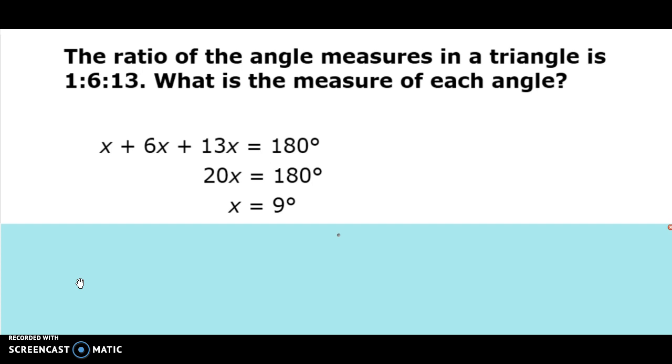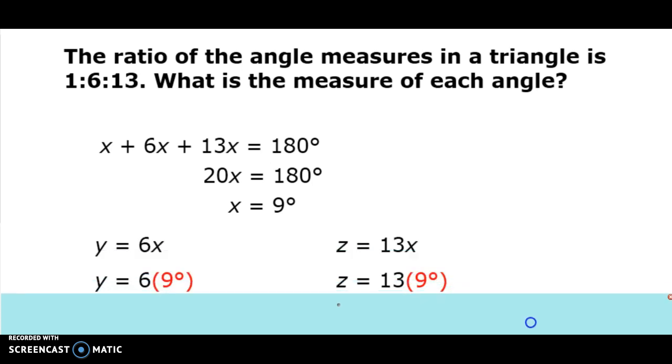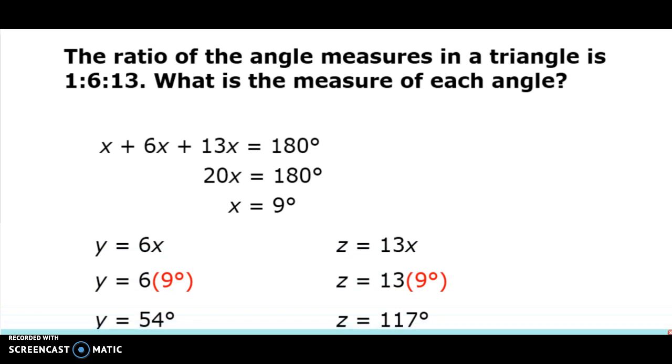No, you need to plug that back into the 3 angle measures. Our triangle is 9 times that ratio. So 1 times 9, 6 times 9, and 13 times 9 gives us 9, 54, and 117. And what should happen when you get those 3? They should add up to 180 if you did it right.